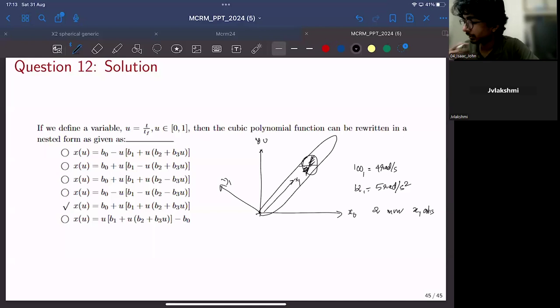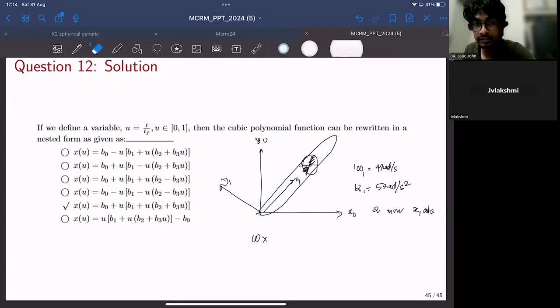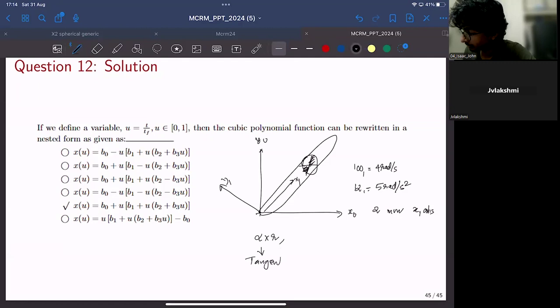I think that is pretty straightforward, right? Linear acceleration will have two components. It will have alpha cross r, which is the tangential component, and you will also have omega cross omega cross r, which is the radial component.